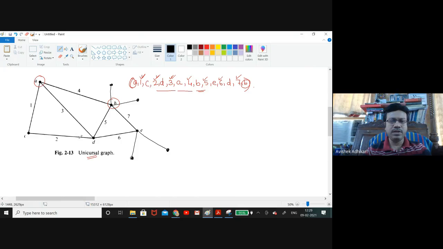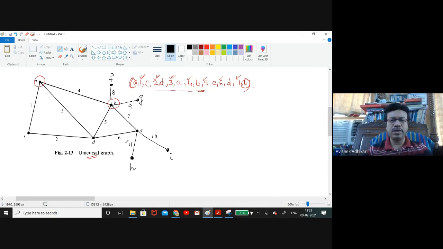A, B, C, D, E. Okay, up to E. So it was F, G, H, and I, with the edges up to 7, then this is 8, 9, 10, 11.